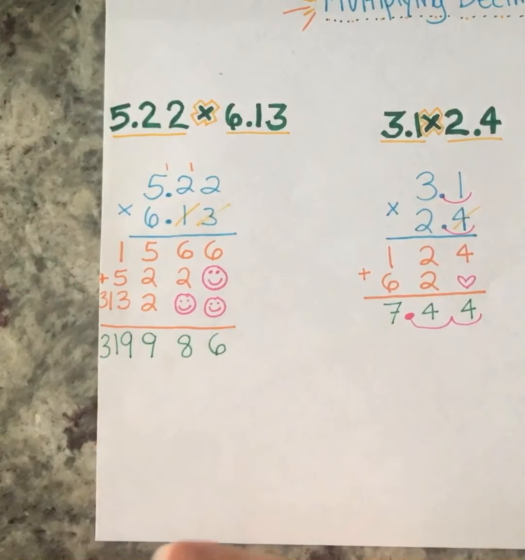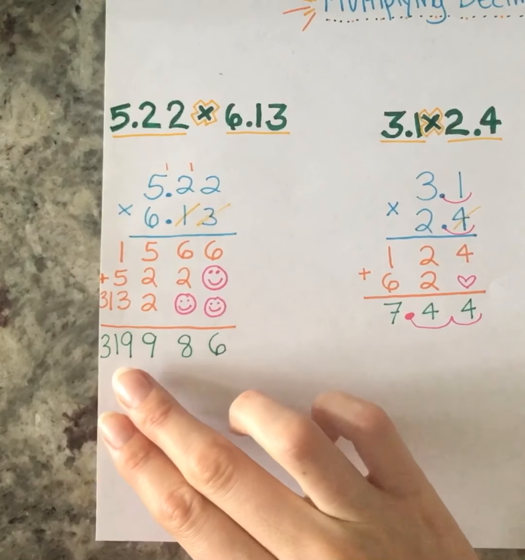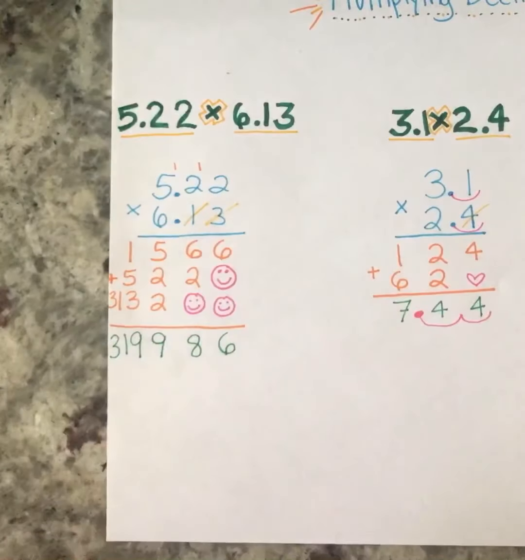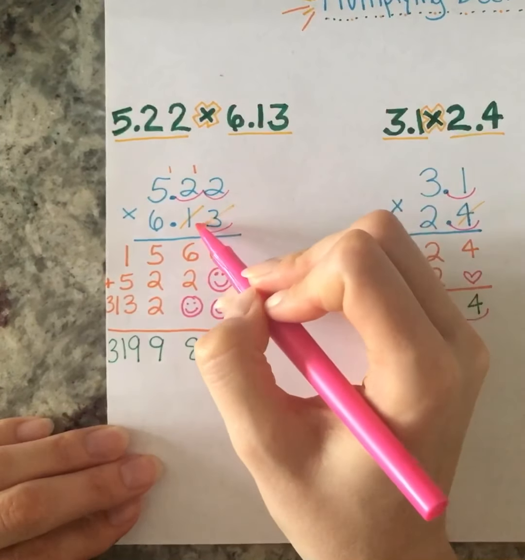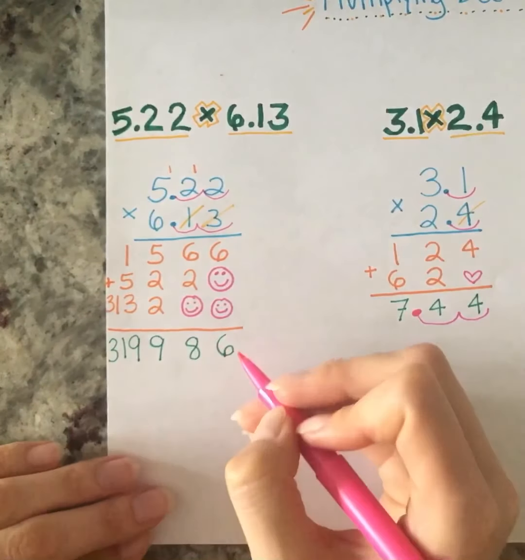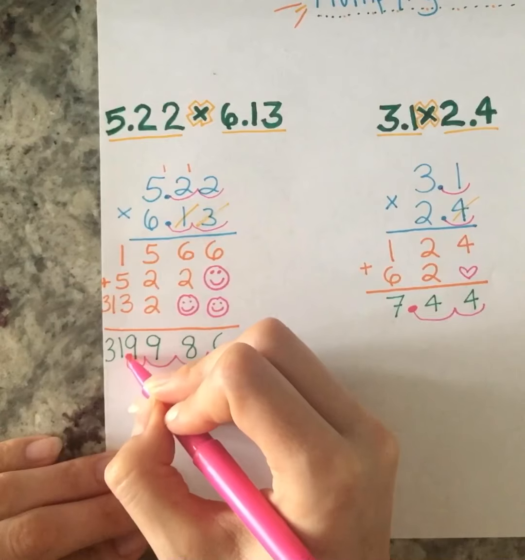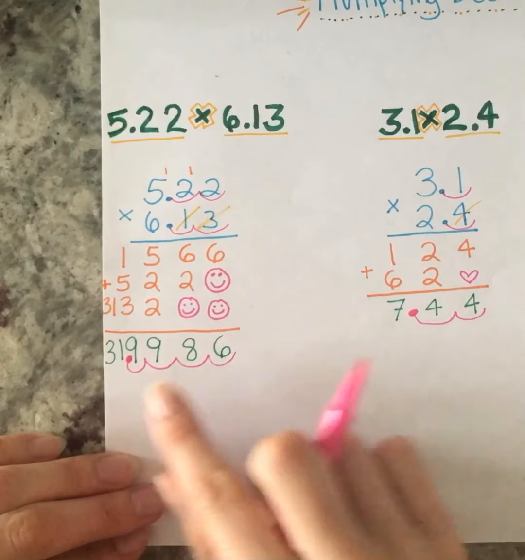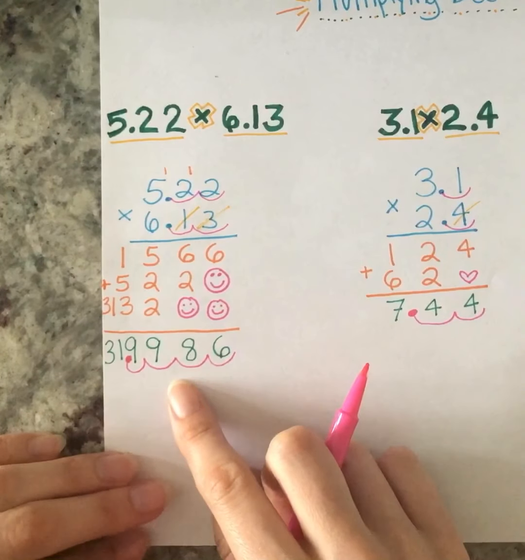So we can use our estimate to place that decimal between the 1 and 3 digit, or we can also count decimal places, as we did in our last problem. So we can do 1, 2, 3, 4. So whether we use our estimate to place the decimal point or if we move our decimal by counting, we will get this answer.